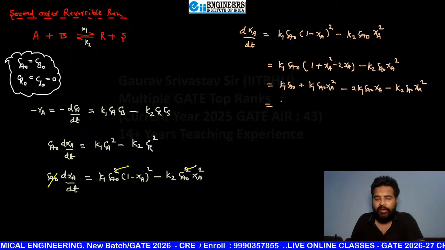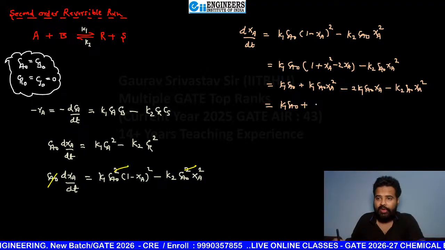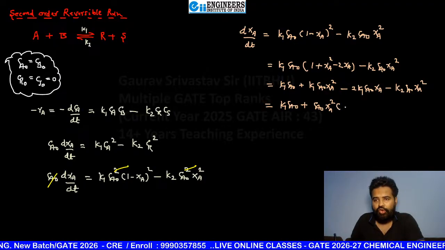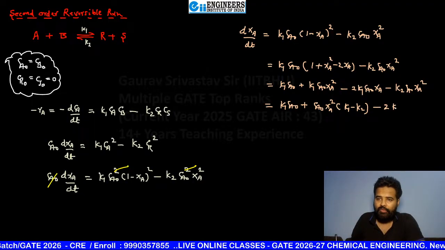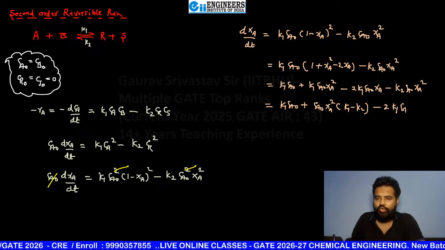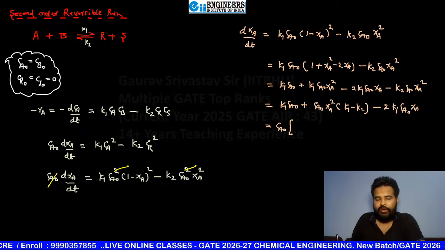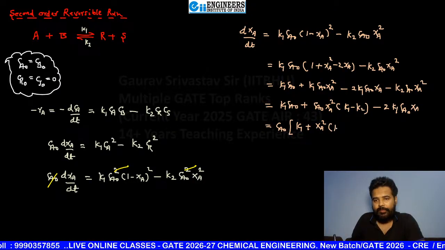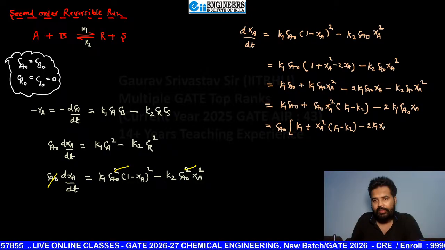Further moving, you can write k1 ca naught plus, clearly you can see, you can take common ca naught xa square, so you will get (k1 minus k2), and minus 2 k1 ca naught xa. Further moving, you can take ca naught common here, so after taking it common, you can write k1 plus xa square (k1 minus k2) minus 2 k1 xa.